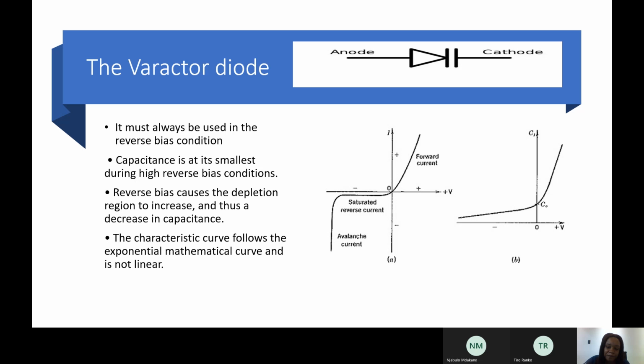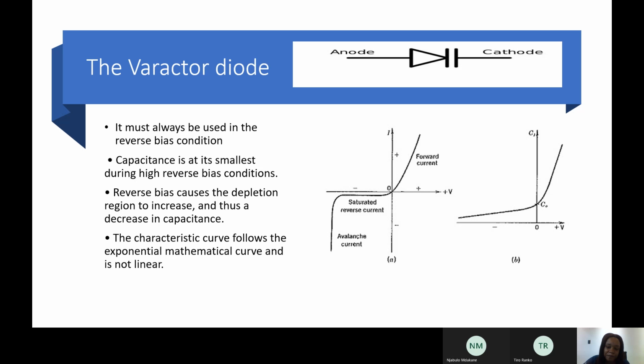It is basically always used in the reverse bias condition. Most of these diodes are used in reverse, but the ideal diode is used in forward. This one is used in the reverse bias condition, and the capacitance is at its smallest during reverse bias. Reverse bias causes the depletion region to increase, and thus decreases the capacitance. Remember, there are three things that affect capacitance, and one of them is the distance between the plates.